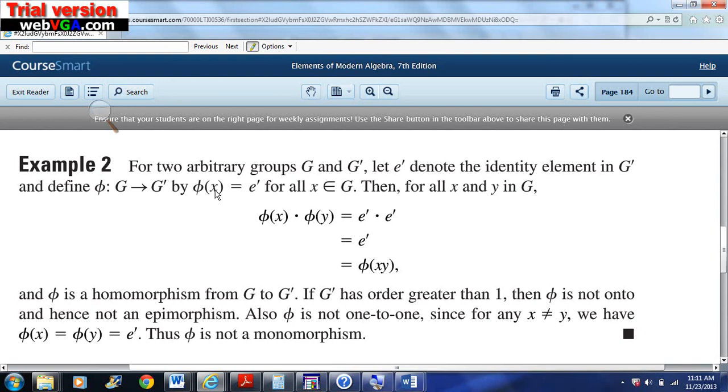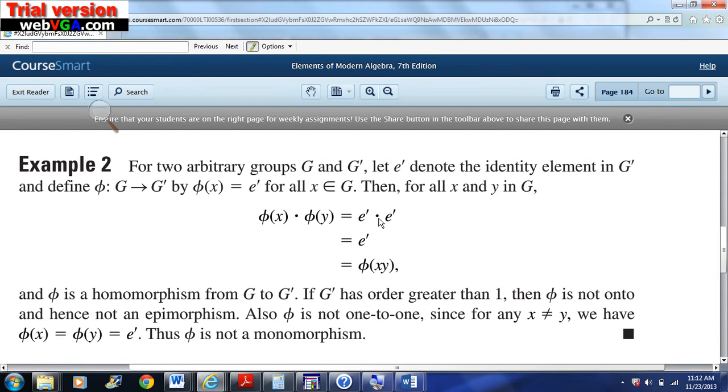It maps all the values that are in G into that one value that's in G prime, which is the identity that's in G prime. So, which means phi of x times phi of y. Phi of x would be E prime, phi of y would be E prime. And since G prime is a group, that means that we always get an element that's in G prime.